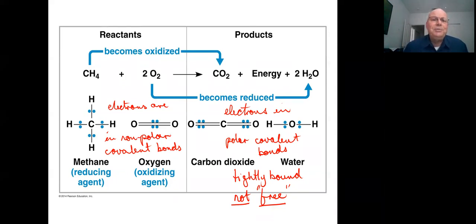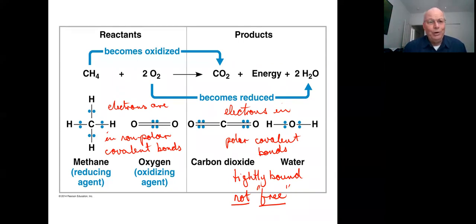So why does this also represent an oxidation reaction or a redox reaction? Because you've moved the electrons around. And we represent this in most chemical reactions where there's not a physical exchange of electrons, like we saw with the sodium and the chlorine, by a transfer of hydrogens. And you can see that actually happening here.